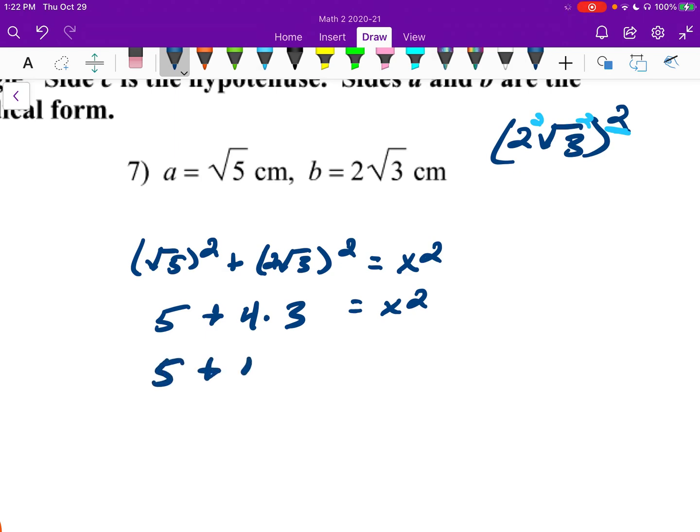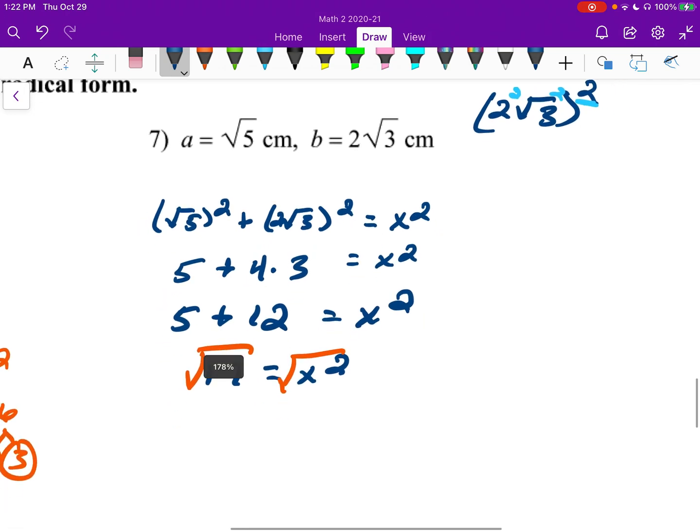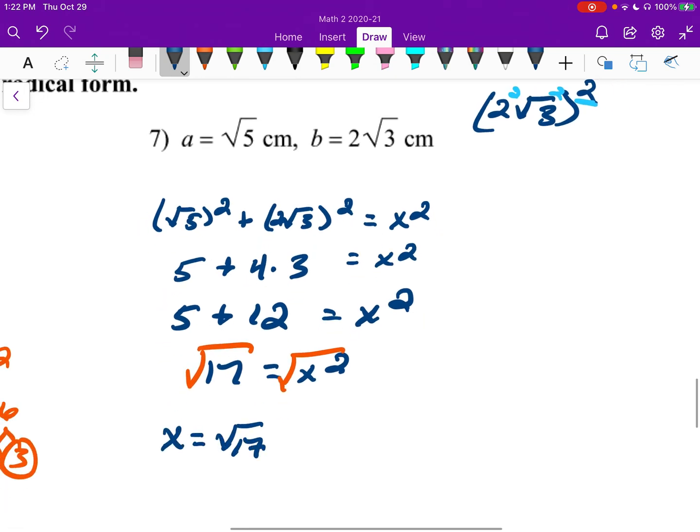So we're going to have 5 plus 12 is x squared, which is 17 is x squared. I take my root of both sides, and I'm also going to flip it over so that my x is on the left. So x equals root 17. 17 can't break up, 17 is prime, so it's just plain old root 17, and our units are centimeters.